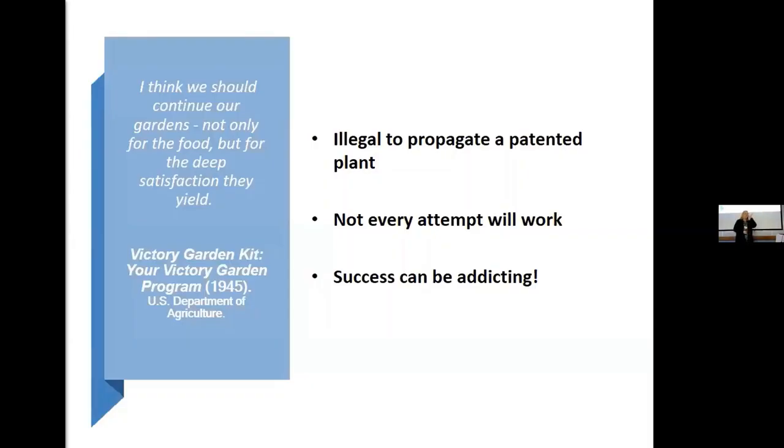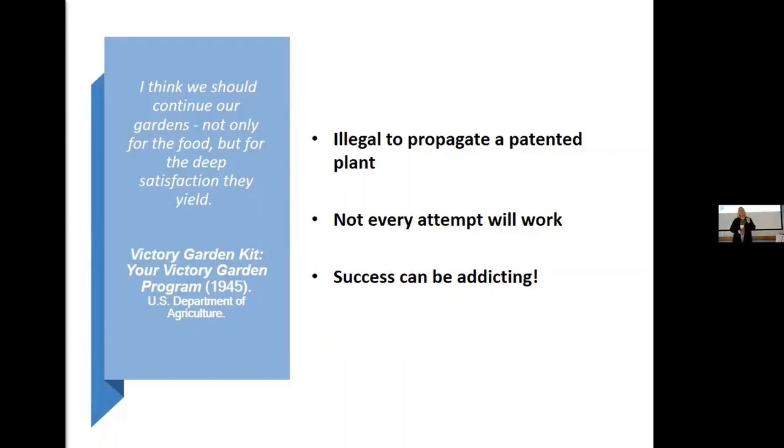So to wrap it up, just a couple of comments. I would be remiss if I didn't say it is illegal to propagate a patented plant. That's my little caveat here: plants can be patented for 20 years and they're not renewed.